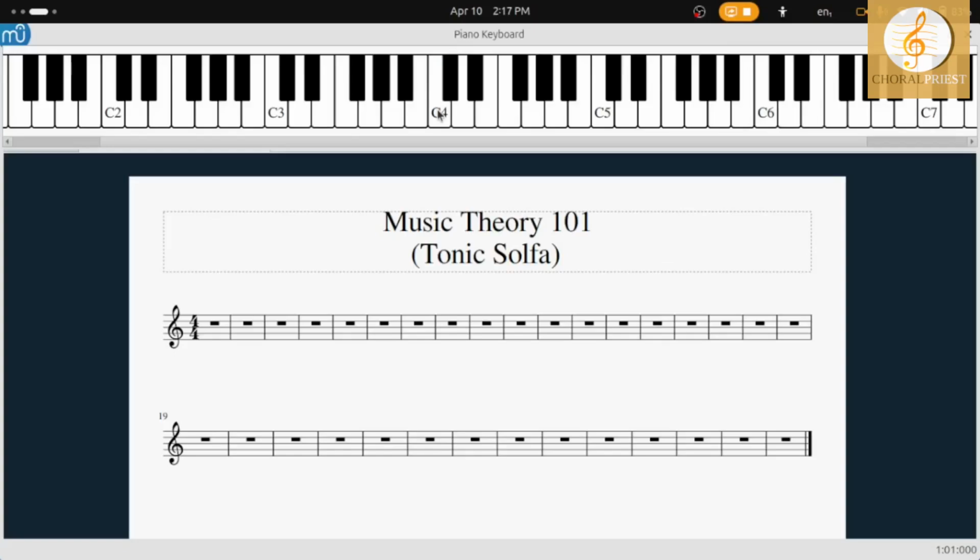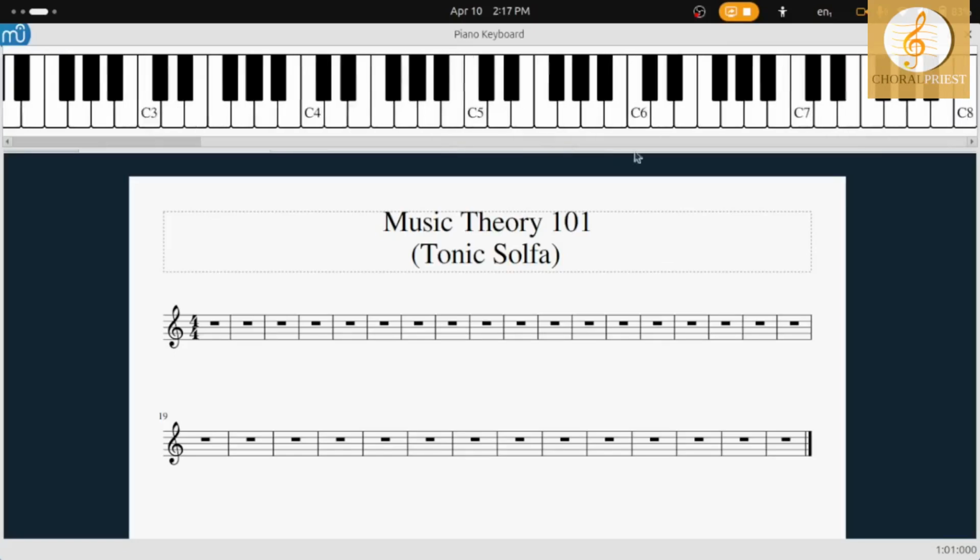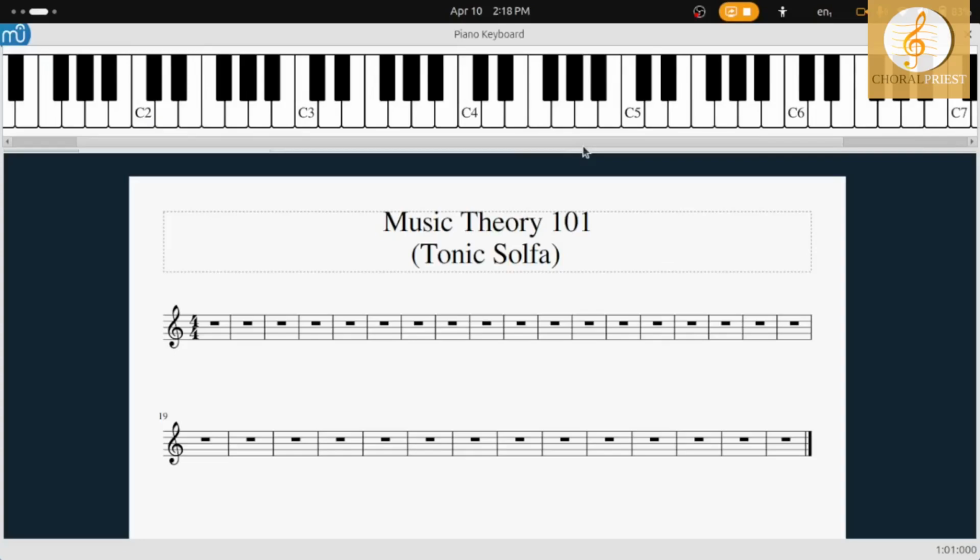So the sequence of musical alphabet continues until you get to the last musical alphabet on your piano keyboard. This is supposed to be a standard piano keyboard with 7 octaves from C1, C2, C3, C4, C5, C6 to C8. So this is a standard piano keyboard.